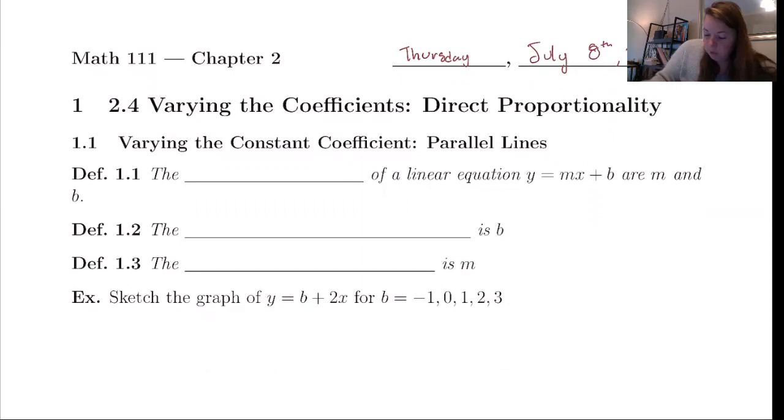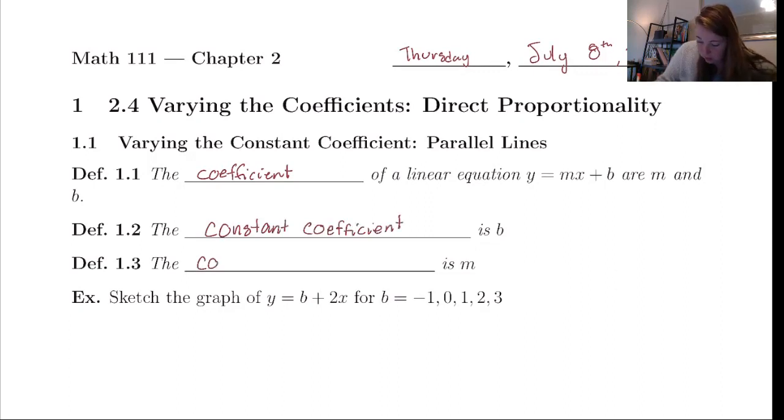So first, what's a coefficient? The coefficients of a linear equation y equals mx plus b are m and b. The constant coefficient, I just would have called that a constant. A coefficient in my mind just goes in front of a variable.